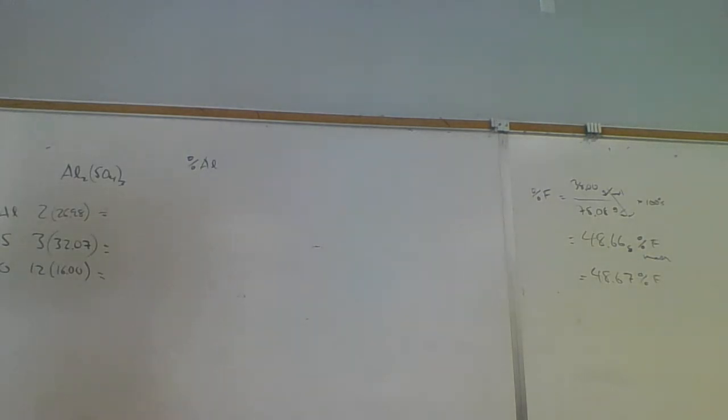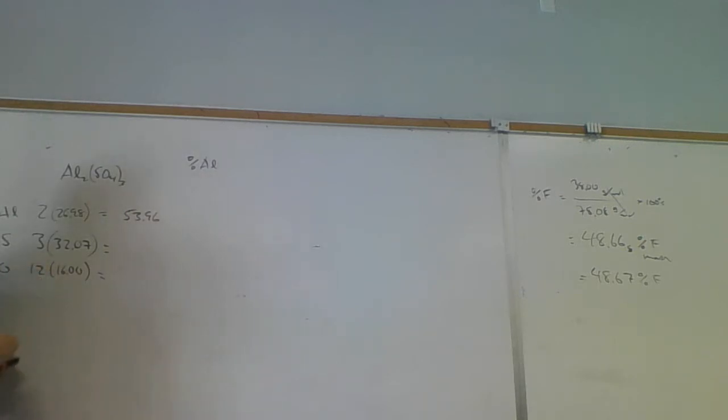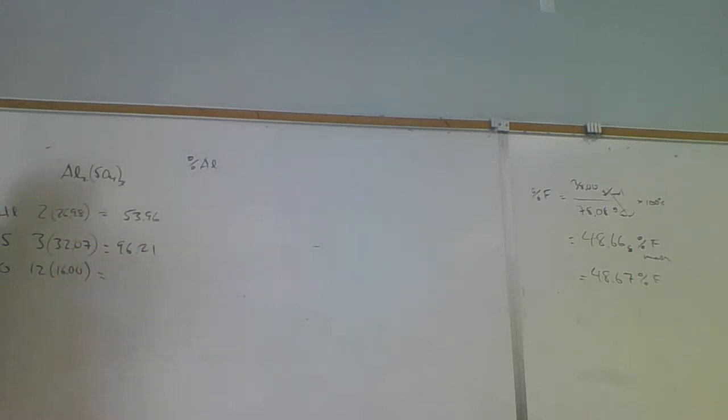All right, so let's calculate those individually first and then combine them. So 2 times 26.98, 53.96. 3 times 32.07, 96.21. And then 12 times 16, 192.